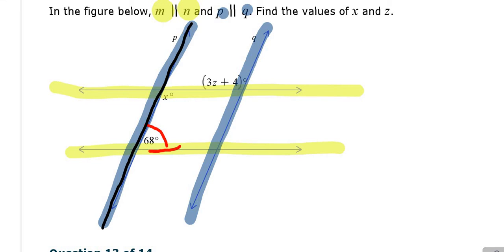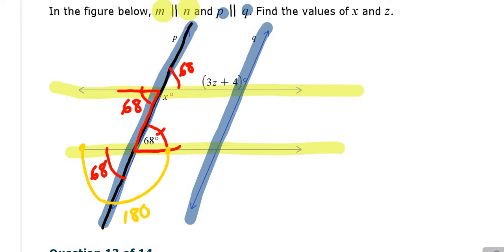First, I would find alternate interior angles, better known as armpits of the Z. That's 68. Corresponding angles, right there, that's 68. Staying on that stir stick, that's 68. Then you have 180, and you take 68 away from 180.